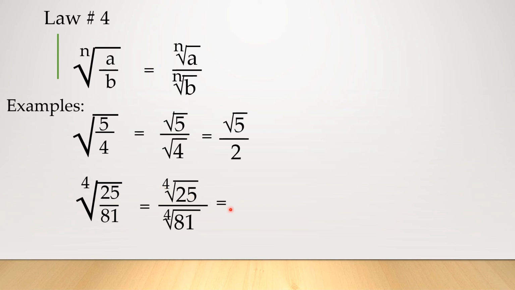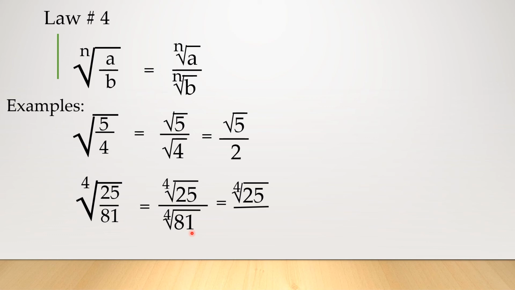It means that's already in simplest form. So that is the fourth root of 25 divided by, but 81, there is a number that raised to 4 is equal to 81. And that is 3.